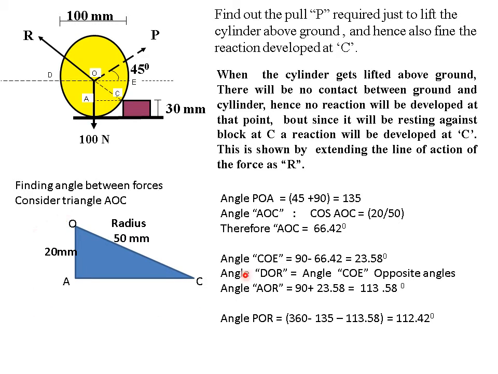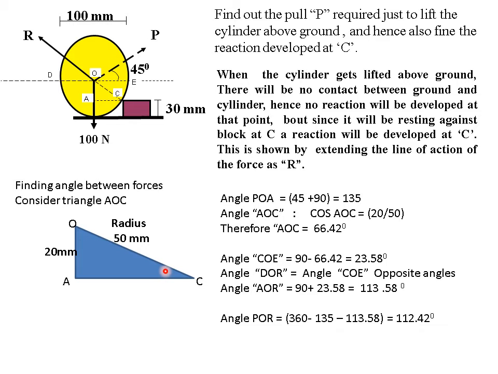I have shown here the picture of the same diagram with points O, A and C. You can see distance OA will remain 20 because total was 50 and this 30 goes. Radius is 50. So now I can use this to define it.